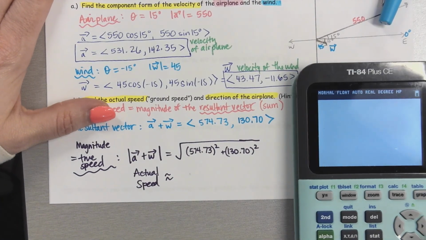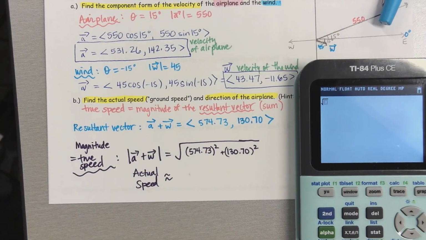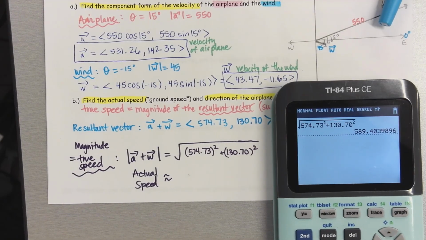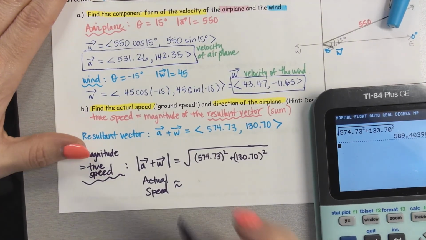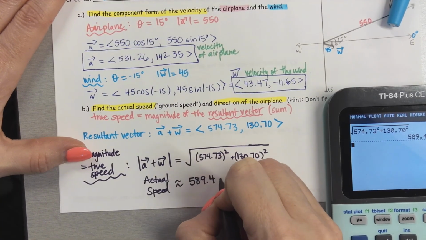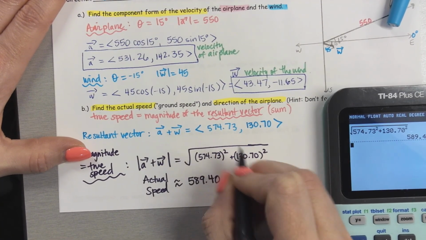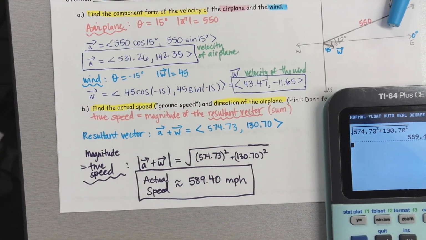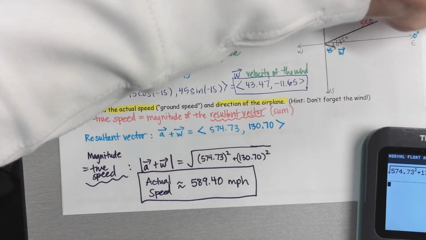Okay, so we can find our actual speed here. And you can use the square button just like you do for the F squared. Okay, and this is in miles per hour. Okay, so include your units. So 589 miles per hour.